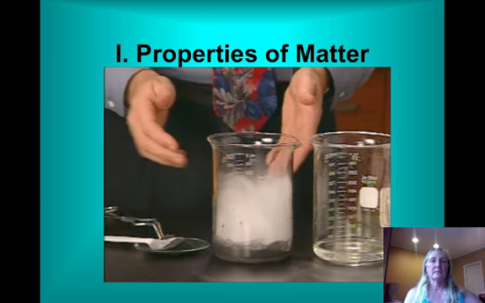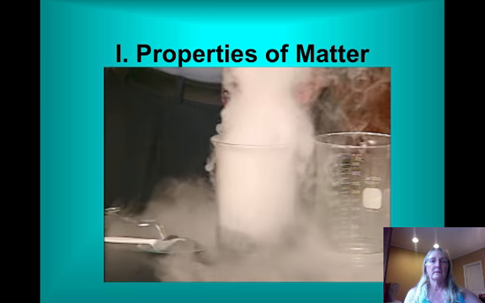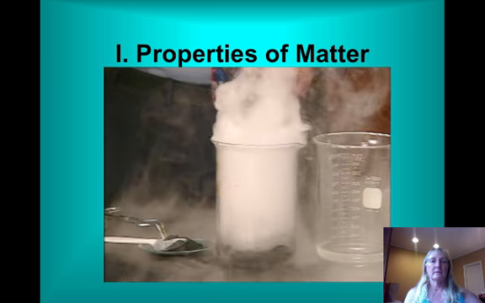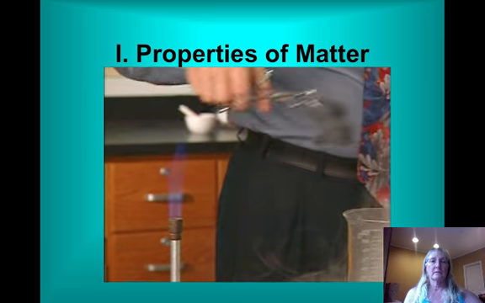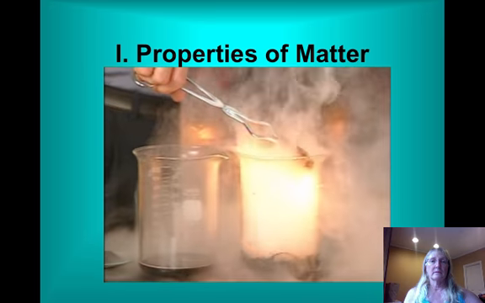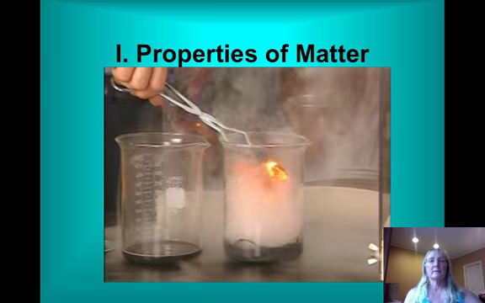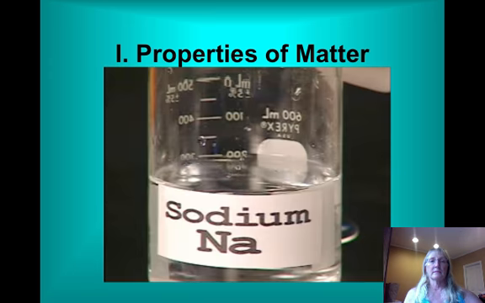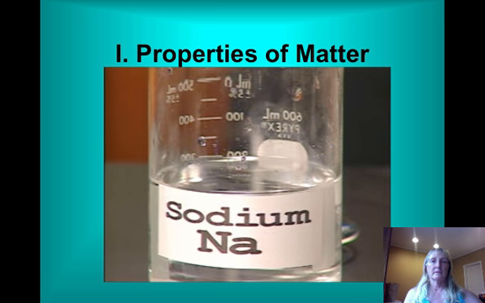Here are some examples of chemical properties. Hydrogen peroxide decomposes easily into oxygen gas and water. iron reacts with oxygen to form iron oxide. Sodium metal reacts with water to give off hydrogen gas.